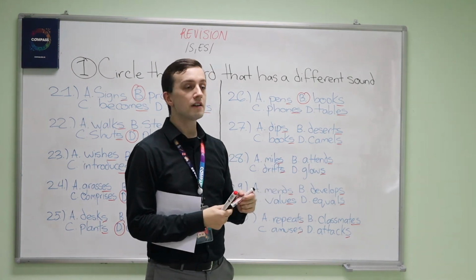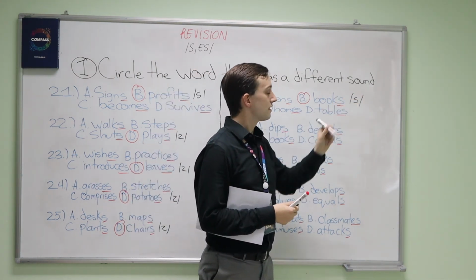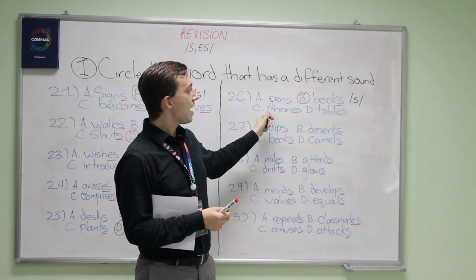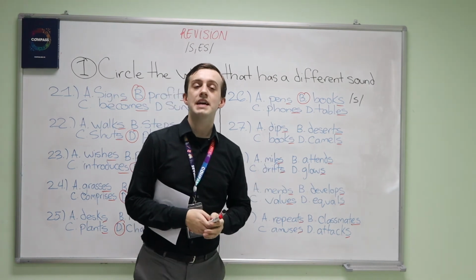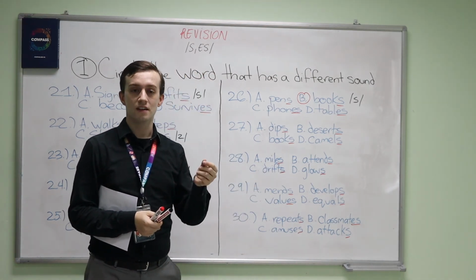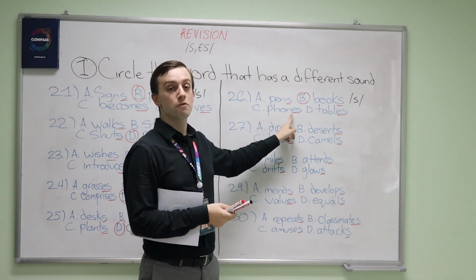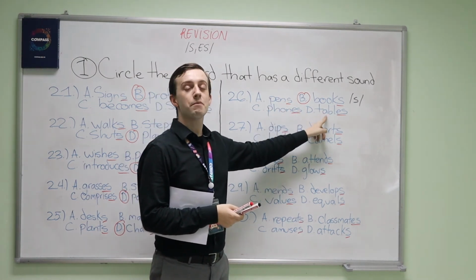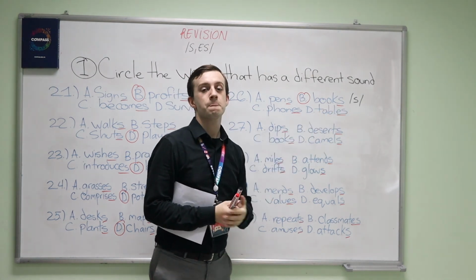Because in books, S makes the sound S. But in A, C, and D, S and ES make the sound Z, like this. Pens, phones, tables. Here, different one, books.